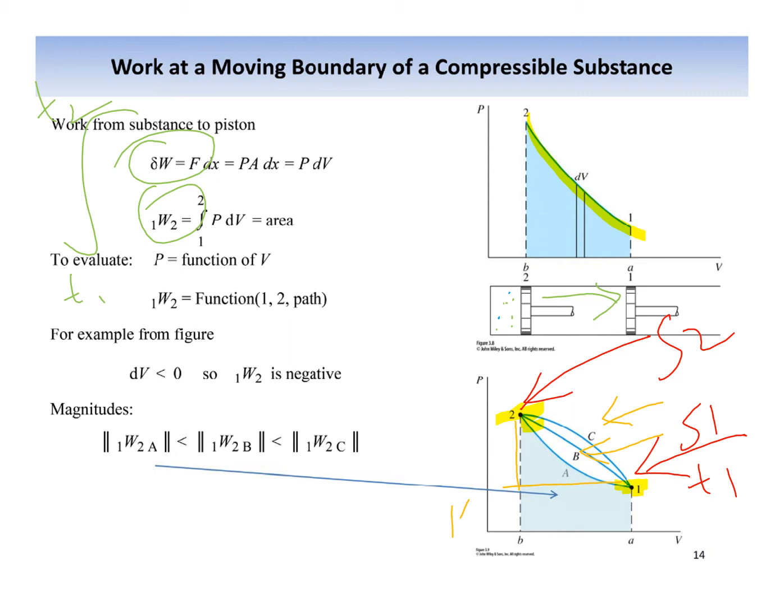And you can see that the area under the curve for this process is entirely different from the other three cases. If we go from state 1 to state 2 adopting path A, or path B, or path C, in all of these cases the work done or produced by the system is different.